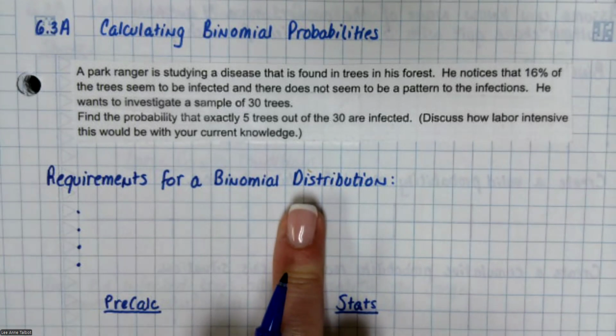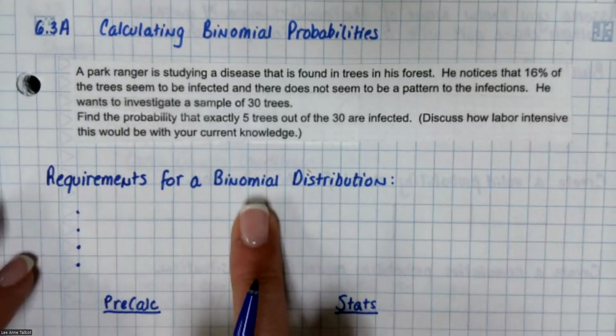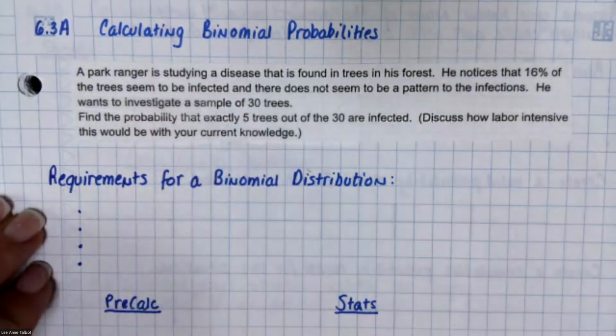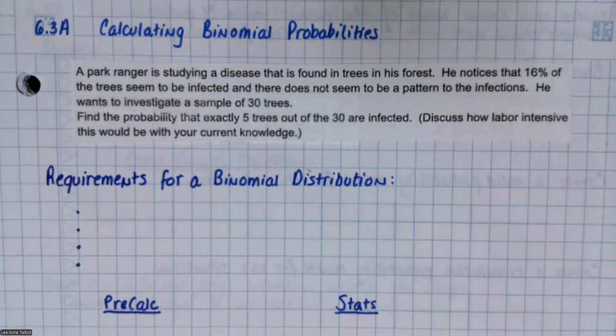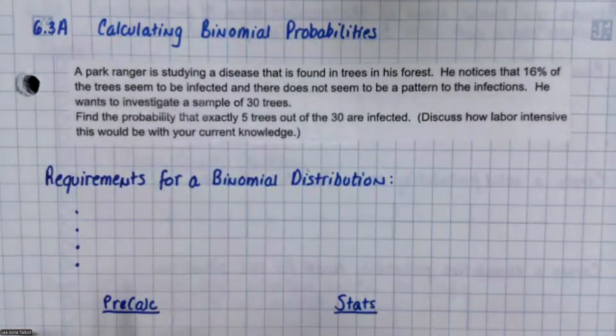For something to be binomial, for us, it has to meet 4 requirements, which I've included up here. I want to know if you guys can guess any of the 4 requirements just by reading this.